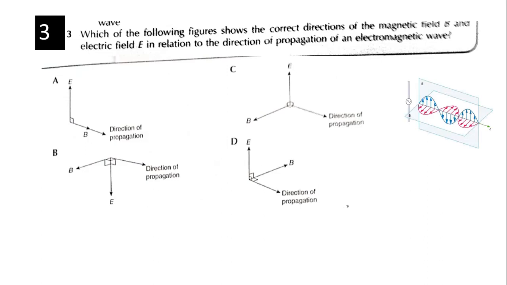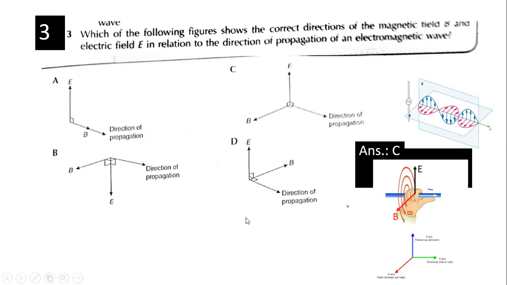Look at that. You curve from E, the thumb is the direction of travel, then you curve from E to B. That's your thumb, direction of travel. Answer is C. Okay with that?